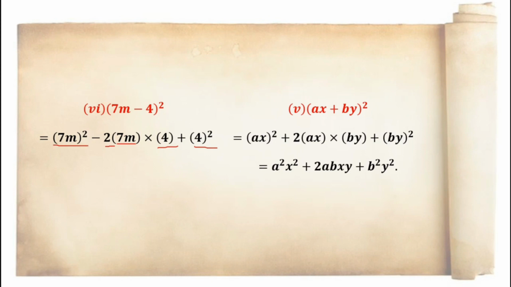Okay, and here you will see that 7m raised to 2 means 49 m raised to 2 minus 56m plus 16 means 4 raised to 2 will be 16 here. Okay, like this. So you can do it very easily.